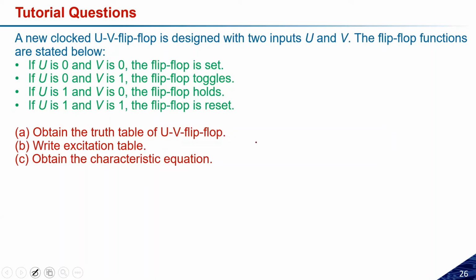If U is 0 and V is 0, then the flip-flop is set, then toggle, hold, and reset. Then you have to obtain the truth table, write the excitation table, and obtain the characteristic equation. So this is what you have to do at home. This is actually important. Just do it, and maybe you will be able to do that.